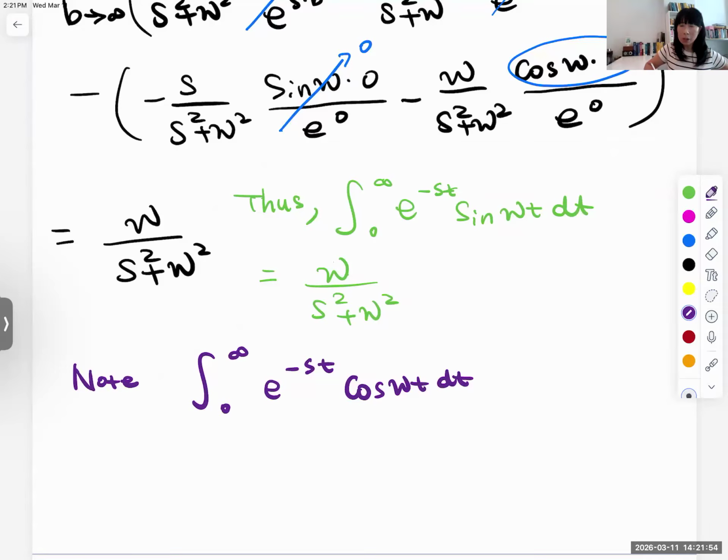Very similar. So this one will be s over s squared plus omega squared. Then s must be greater than 0. Yeah.